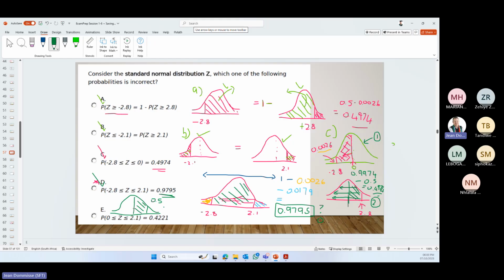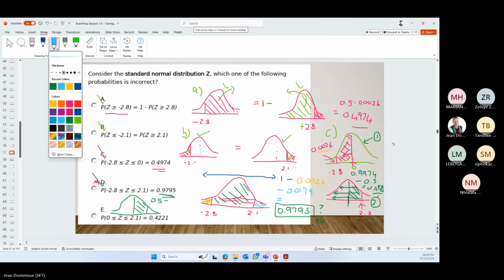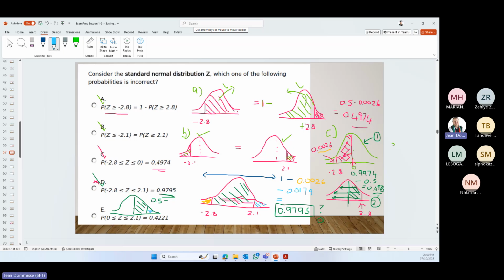So that whole area is 0.5. But then if we want to subtract this blue area, and we now know the blue area is for 2.1, so it is 0.0179. So if we subtract that, we will get our green area.